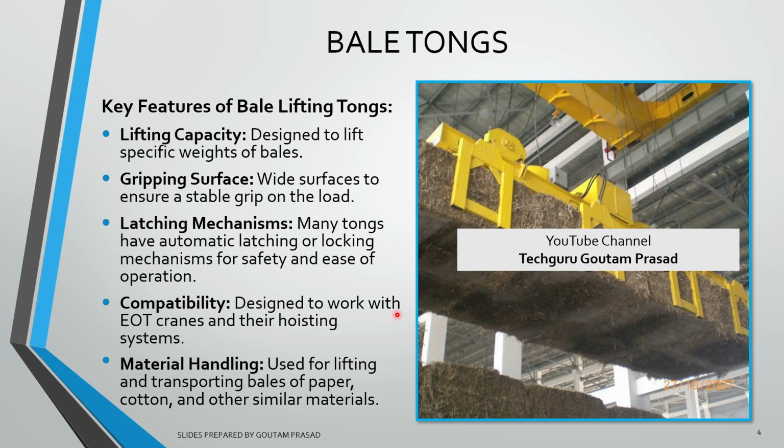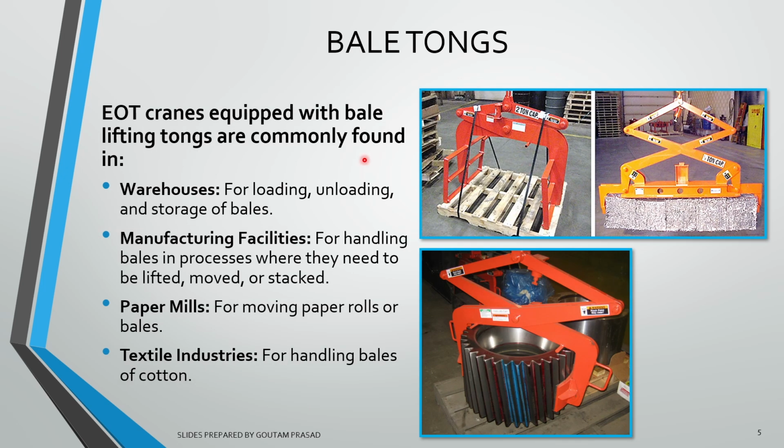Compatibility: designed to work with EOT cranes and their hoisting system. Material handling: used for lifting and transporting bales of paper, cotton, and other similar kinds of materials. So this type of bale tong is used for a variety of purposes.